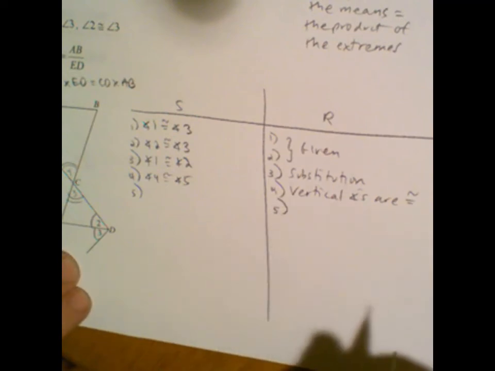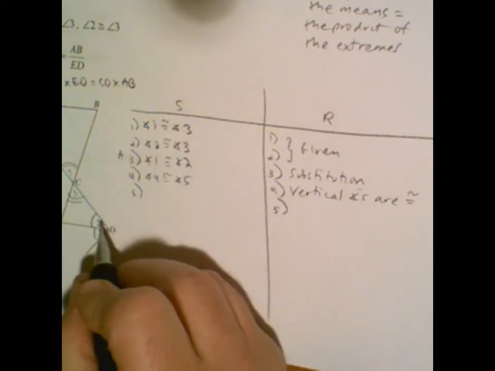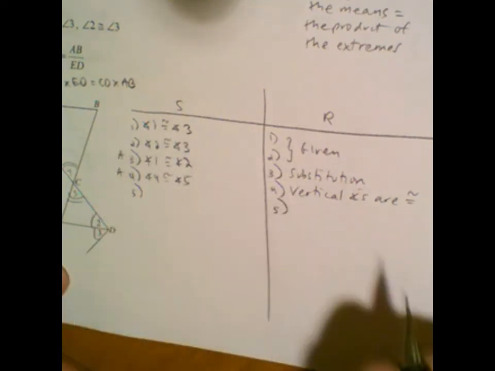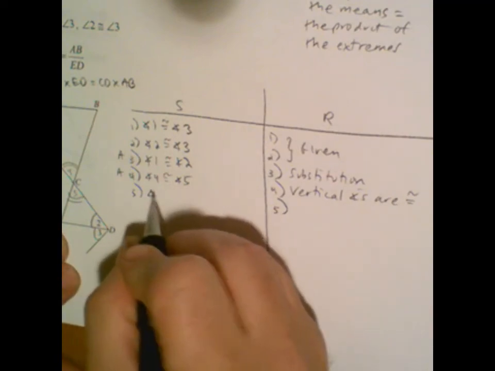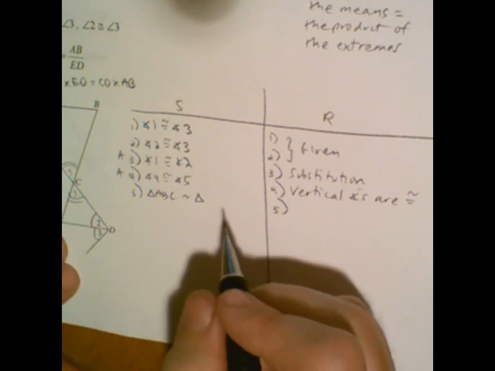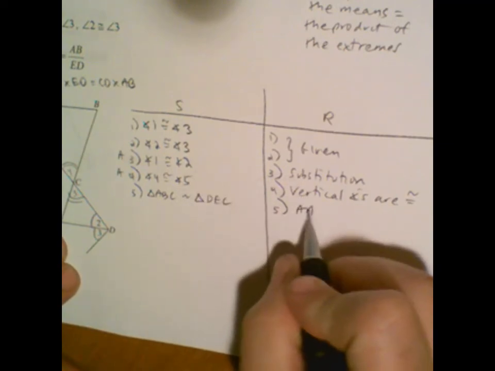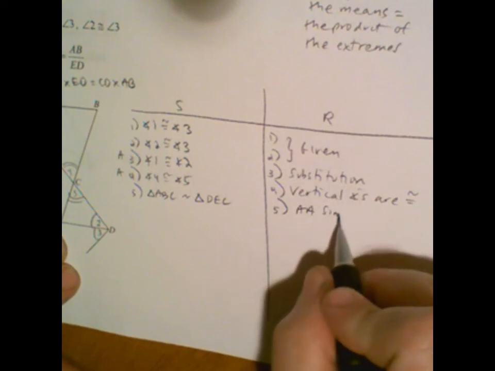And then what else? Now we have enough to prove the two triangles similar, because angles 1 and 2 are inside and angles 4 and 5 are inside. Now I can say triangle ABC is similar to triangle DEC by angle-angle similarity.